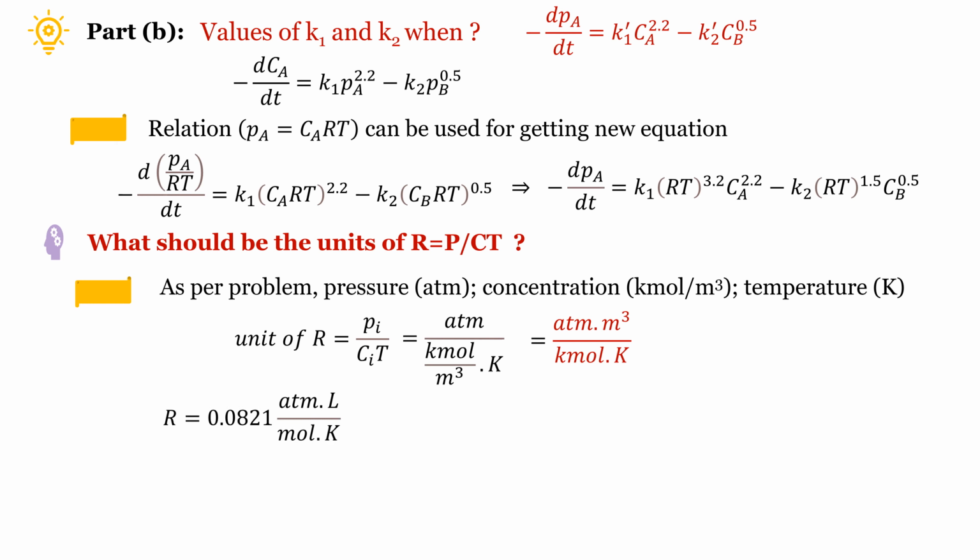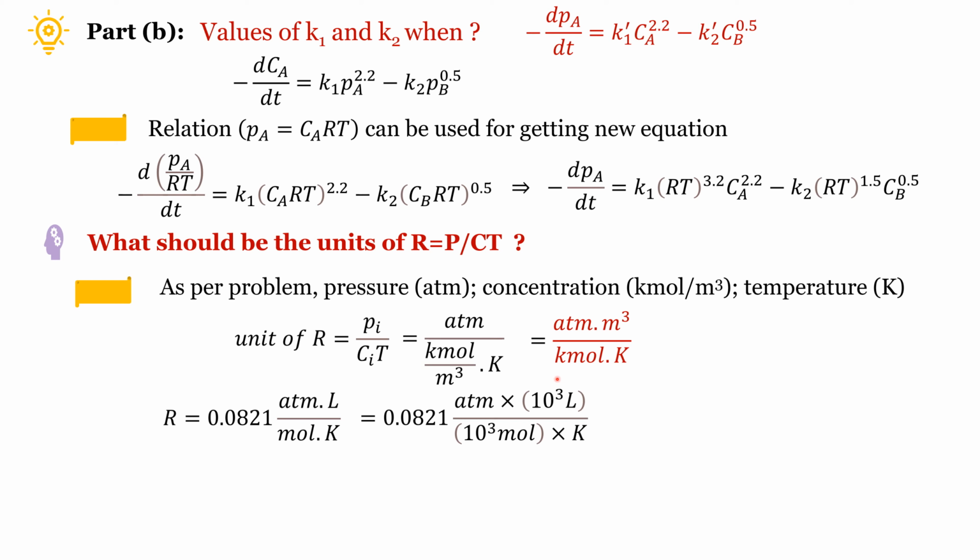And we already know the unit of R in atm liter per mole per Kelvin. Now we simply need to convert this unit into this unit. What we can do is simply multiply by 10 raised to power 3 in numerator and denominator.